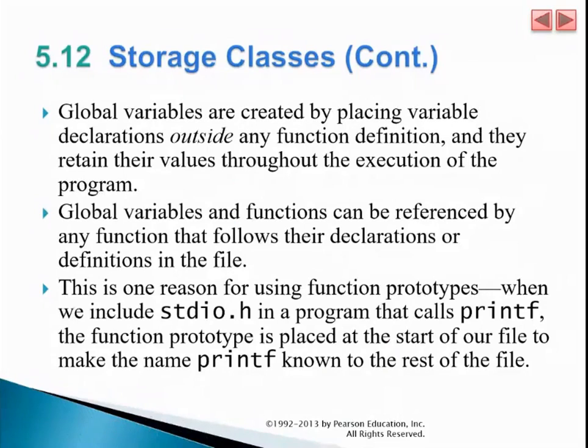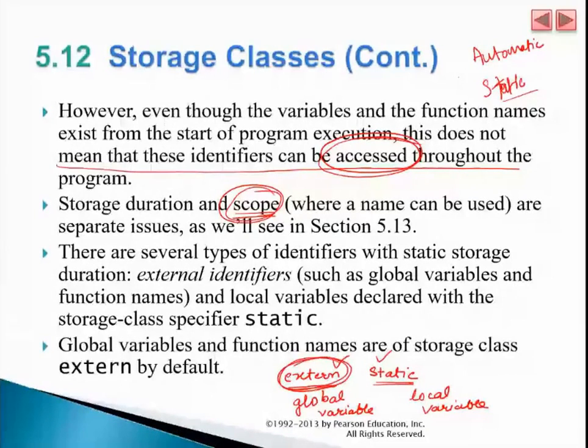So if you define a global variable, by default it is of extern type. There is no need to write extern explicitly in that case. Global variables and function names have the storage class extern by default.